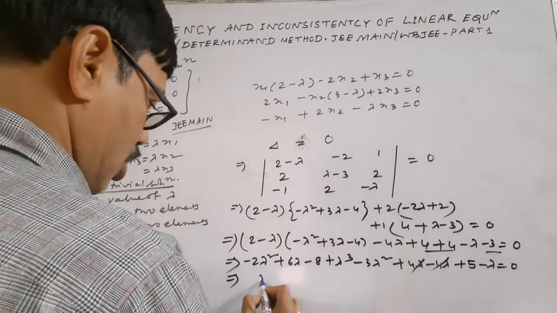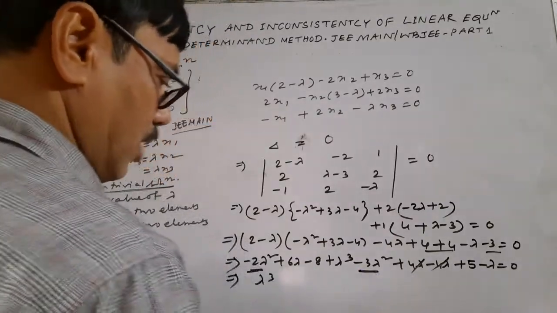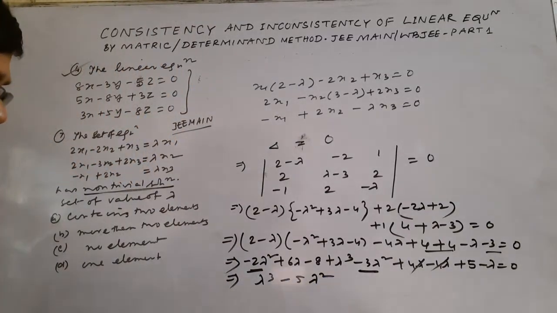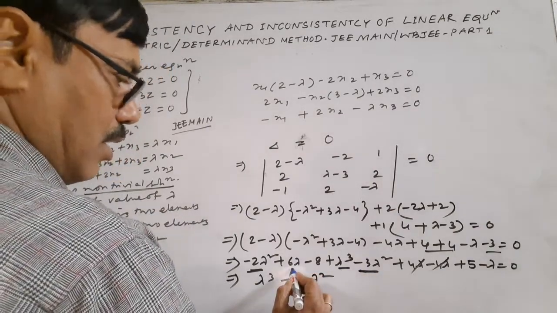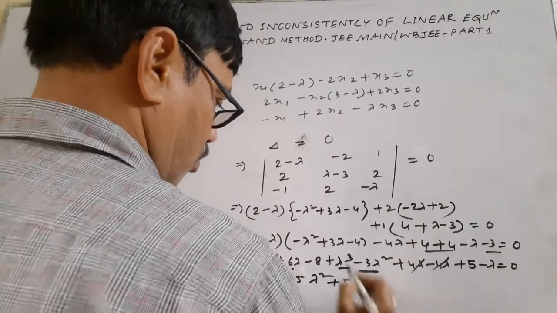So lambda cube minus 2 lambda square minus 3 lambda square, so minus 5 lambda square, plus 6 lambda minus lambda, so 5 lambda.